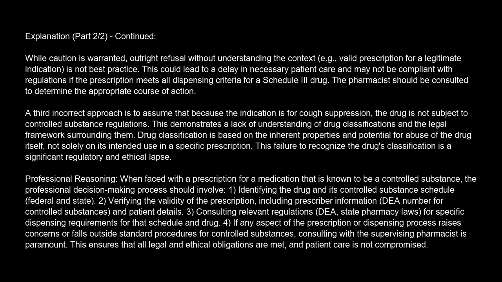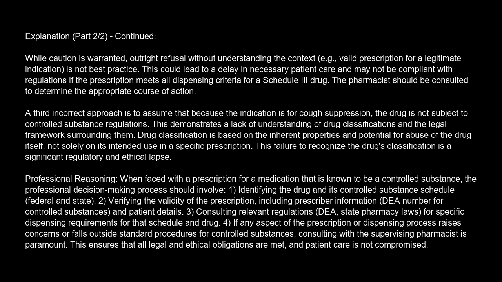Professional reasoning. When faced with a prescription for a medication that is known to be a controlled substance, the professional decision-making process should involve: 1. Identifying the drug and its controlled substance schedule, federal and state. 2. Verifying the validity of the prescription, including prescriber information, DEA number for controlled substances, and patient details. 3.